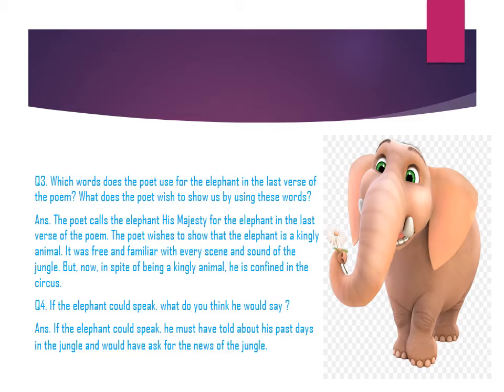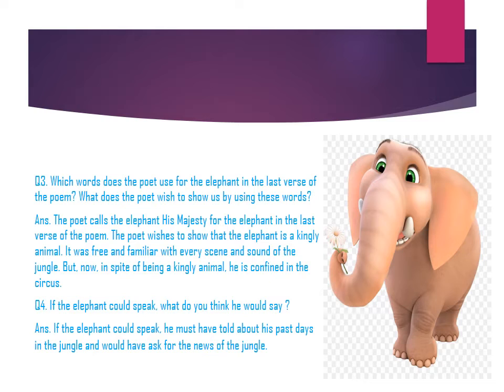The poet wishes to show that the elephant is a kingly animal. It was free and familiar with every scene and sound of the jungle. But now, in spite of being a kingly animal, he is confined in the circus. Clear?